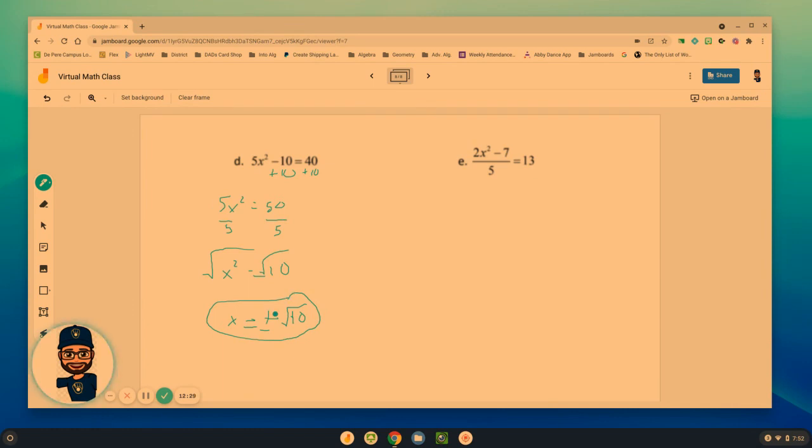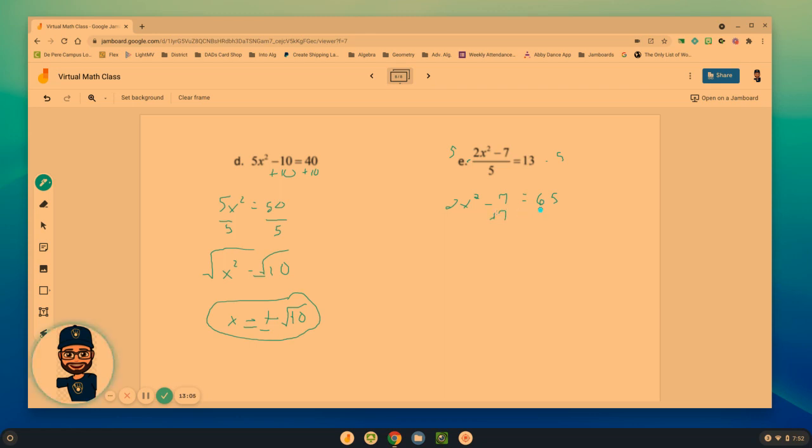Now, letter E might be a little bit trickier. Our first step here is actually to get rid of the dividing by 5. So we will multiply both sides by 5. Can't really touch anything up here in the top until I get rid of that 5. Since that's division, the opposite is to multiply. We have 2x squared minus 7 remaining on the left, and 13 times 5 on the right is 65.